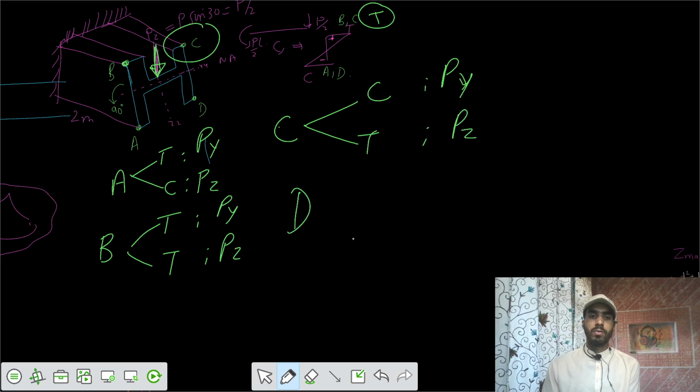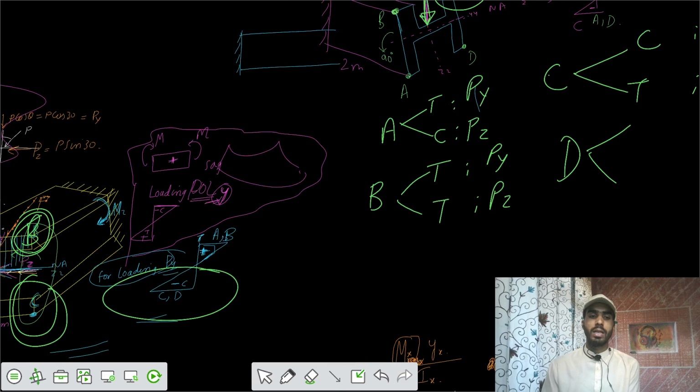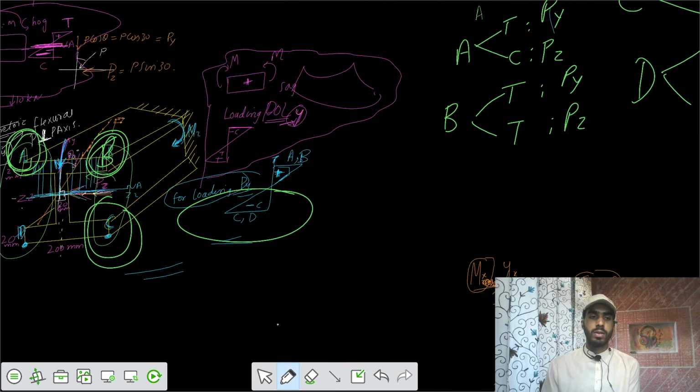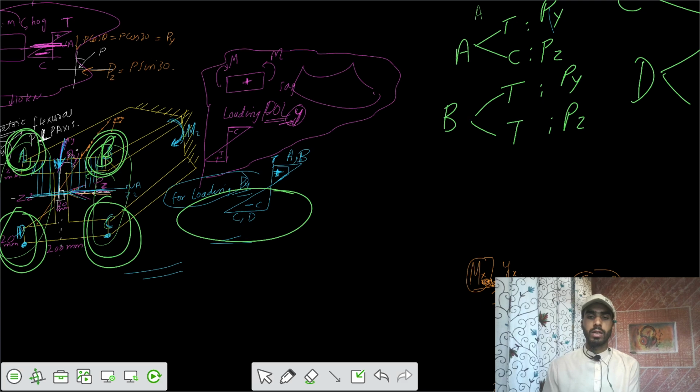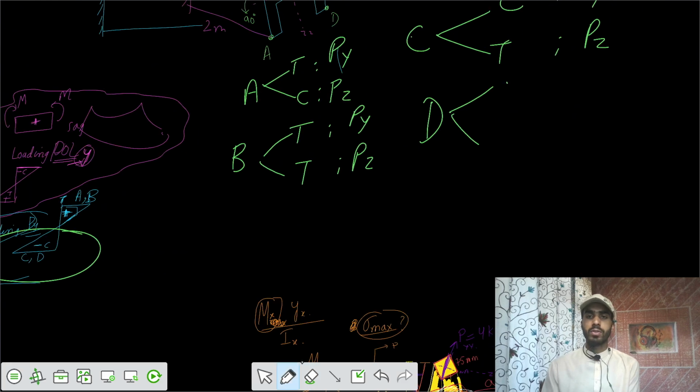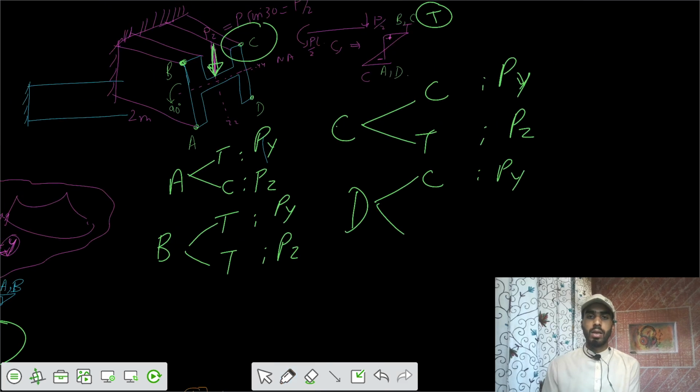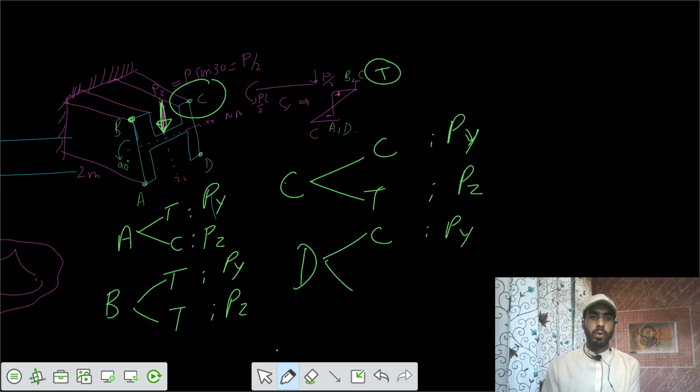Similarly for the corner D, you had a compressive stress for the loading Y, and similarly you have a compressive stress for the loading Z.